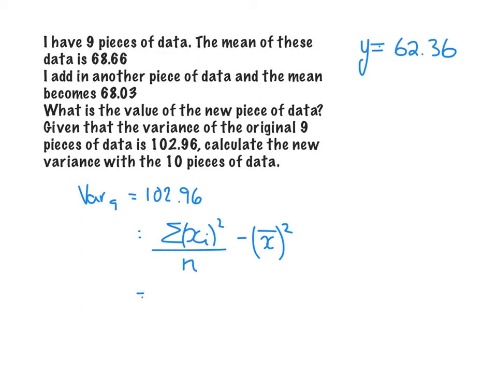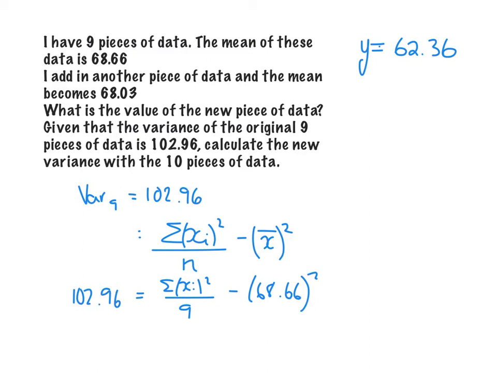I know that I have 9 pieces of data. I know that my original mean was 68.66, so that's the thing that's going to be squared. I still don't know what this sum of all the terms squared is, but we'll leave that be for now. And I know that the variance is 102.96.